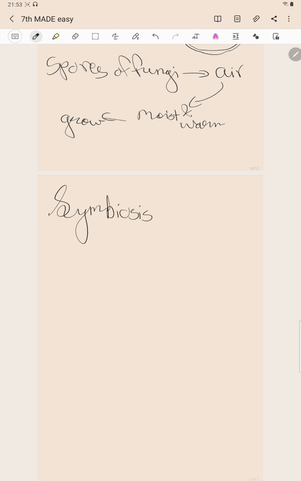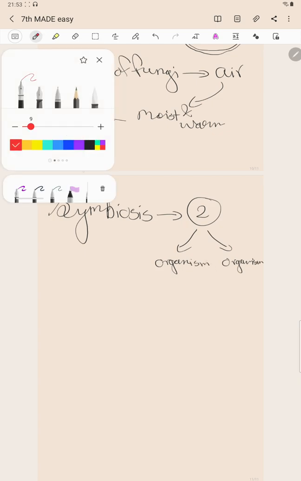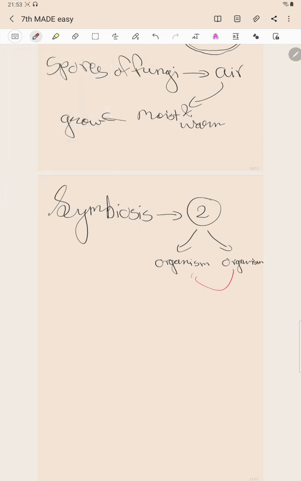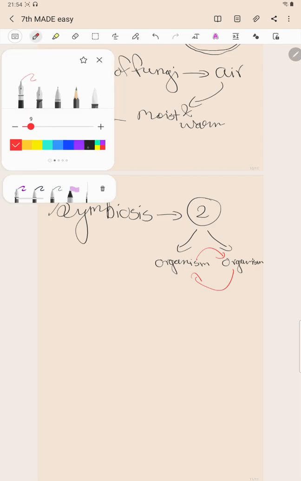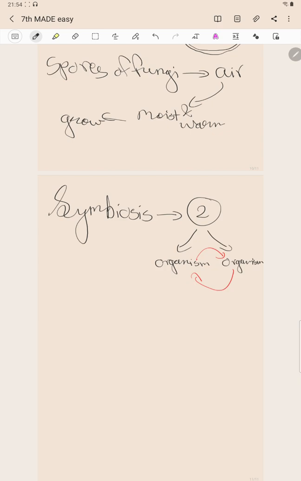Symbiosis is a relationship where two organisms are present, suppose this is an organism and this is an organism, and they help each other for their survival. One organism helps another organism and the other organism also helps it, and these both ensure that both survive. So this symbiosis is really important for the survival of both organisms.